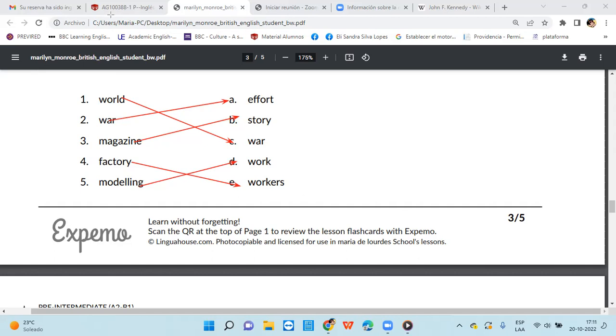Here we have two words that some people confuse when pronouncing them. This word is pronounced world. Esta E es como la E de world. No sé si se entiende por el micrófono.